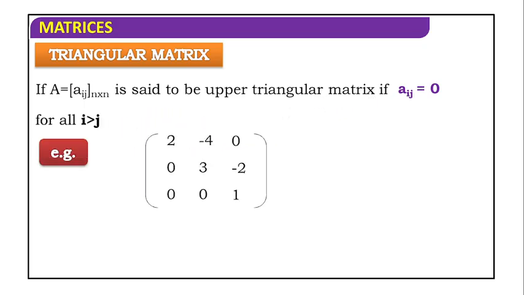Upper triangular matrix means the elements below the diagonal should be 0. Then the matrix is said to be an upper triangular matrix. In this case A21, A31, A32 are the zeros and the elements above the diagonal are non-zeros. Then the matrix is said to be an upper triangular matrix.